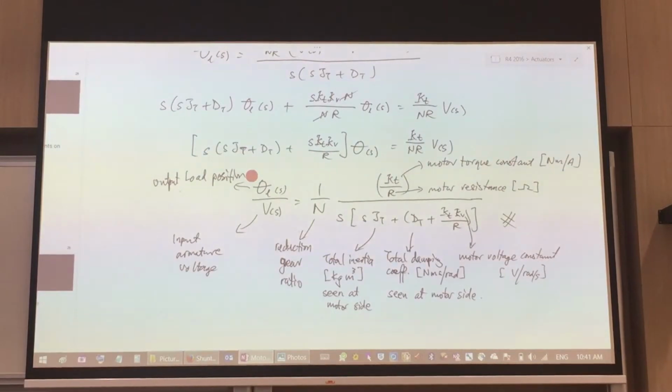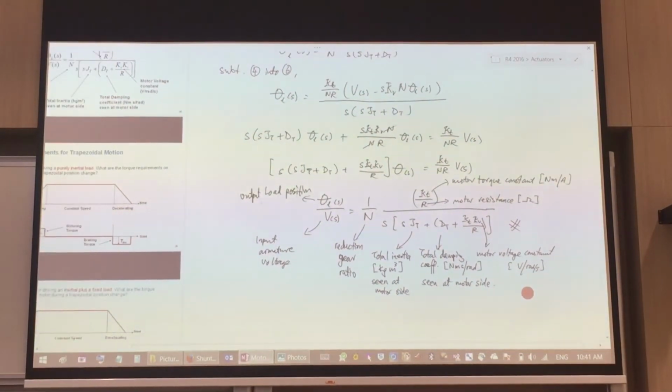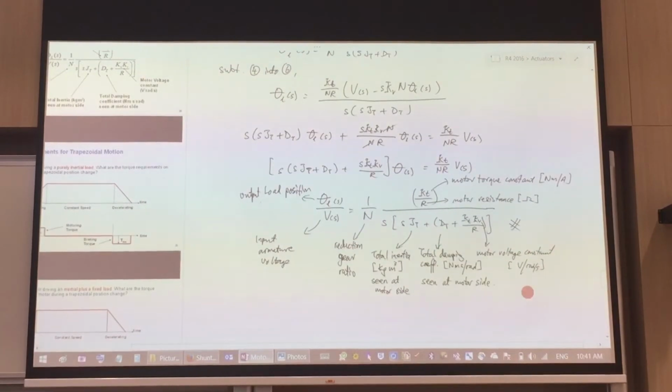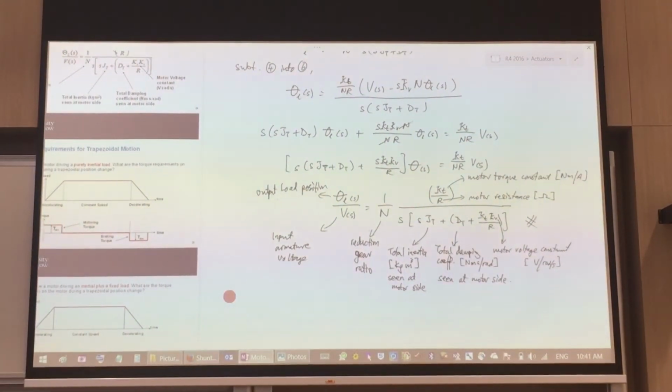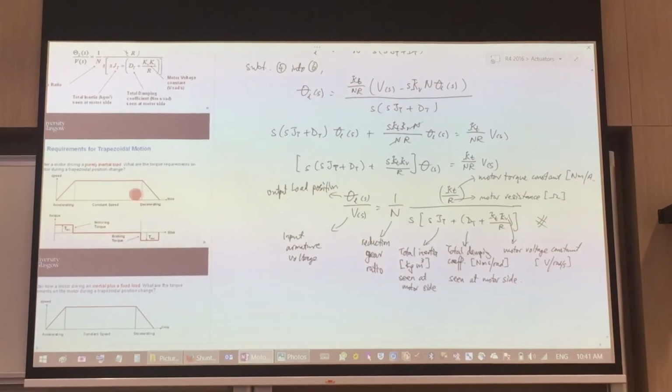Let's have a look at an example. Before looking at an example, I just want to walk you through how we energize the motor. If we look at the speed versus time, there's an acceleration phase, a constant speed phase, and then a deceleration phase. We energize and then de-energize the motor.